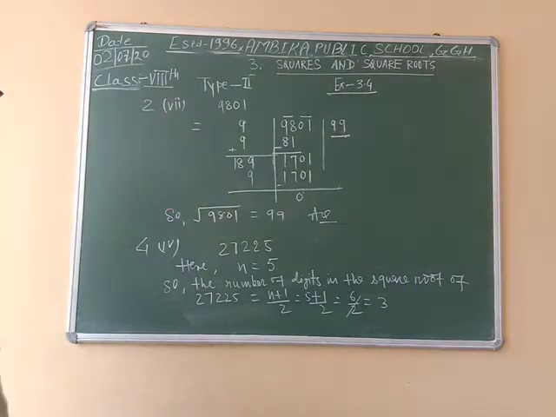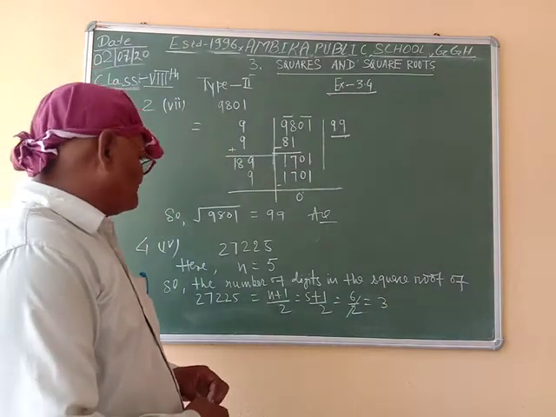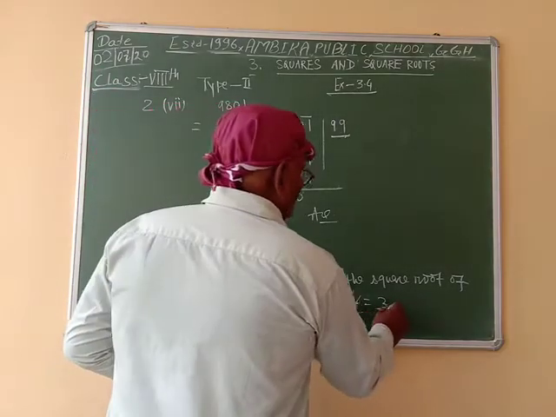So without calculation we can find the number of digits in the square root of the given number.